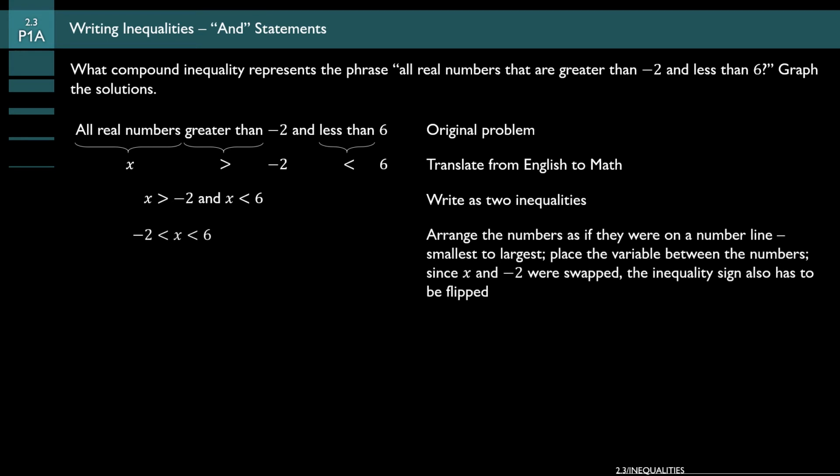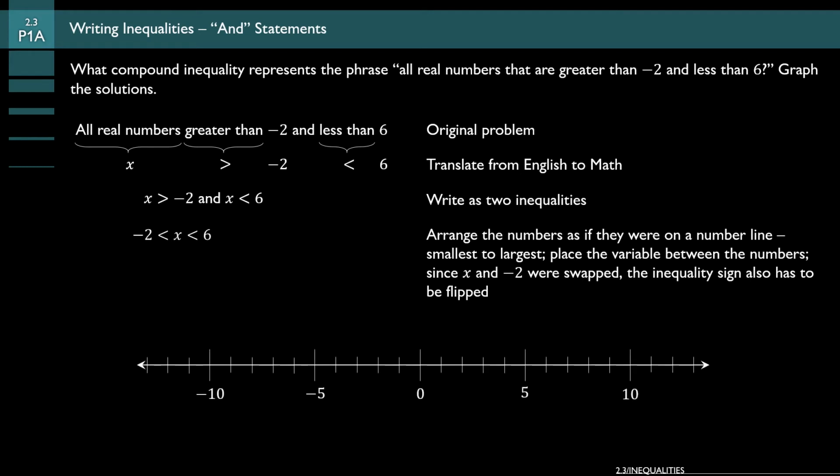And then now you've got just one inequality that covers both of them. So once we've arranged the numbers, we're going to place the variable between the numbers. Since x and negative 2 are swapped, the inequality sign we also flipped, and now we have the ability to go and graph it. So x is greater than negative 2.